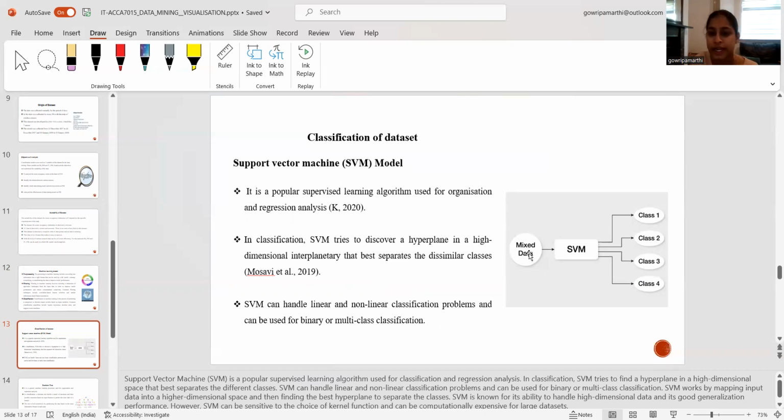Here we have mixed data. By using the SVM technique, it will classify the data into the dissimilar classes. And also SVM can handle linear and non-linear classification problems and can be used for binary or multi-class classification.